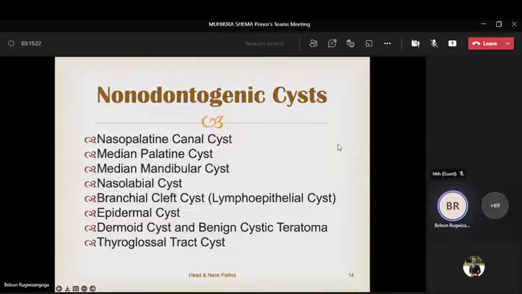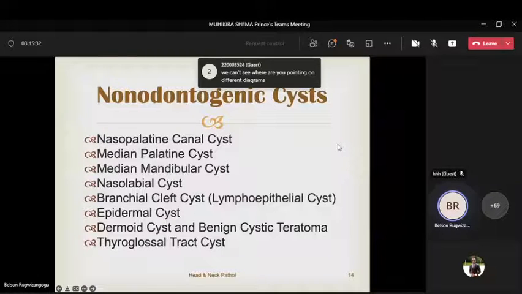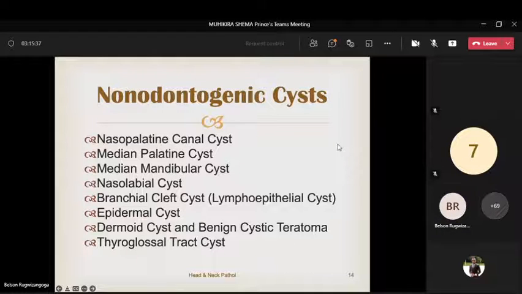Among them, we have nasopalatine canal cyst, median palatine cyst, median mandibular cyst, nasolabial cyst, branchial cleft cyst, and this is very common. We see it many times in the hospital. There's a dermal cyst. This can exist anywhere on the skin, but we see many of them on the neck.